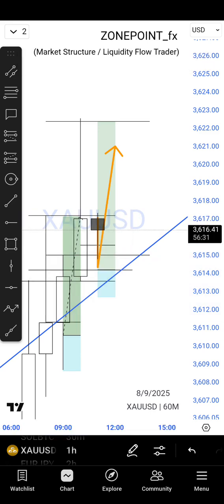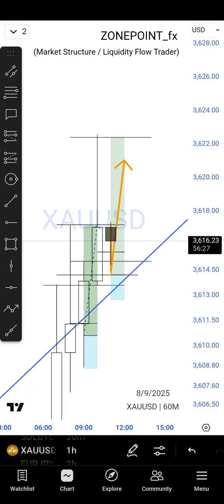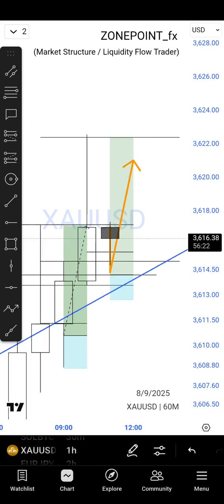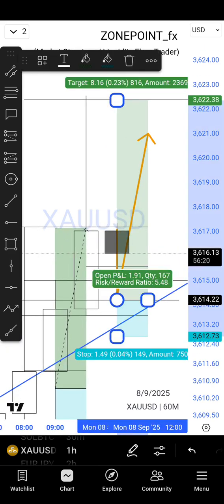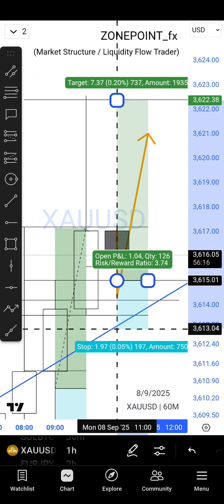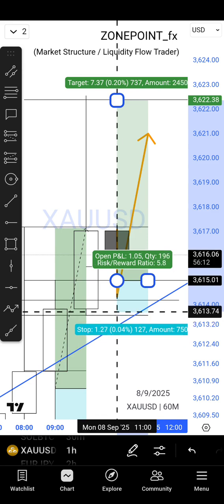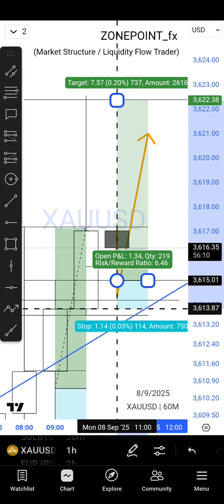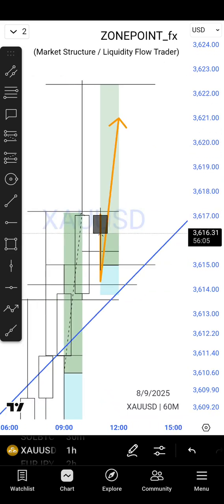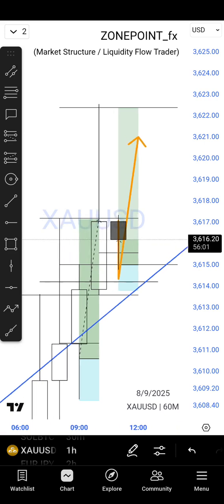So you can see how we just analyze our good. It's very good when you know what market is doing. Now I can tighten my stop loss a little bit, and be watching what the market will do.